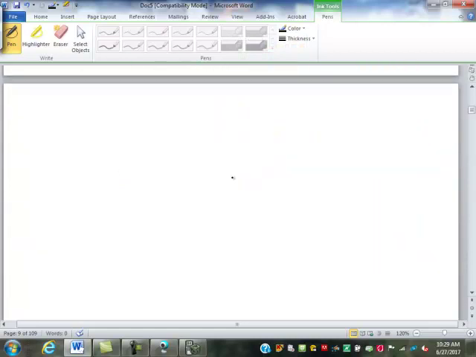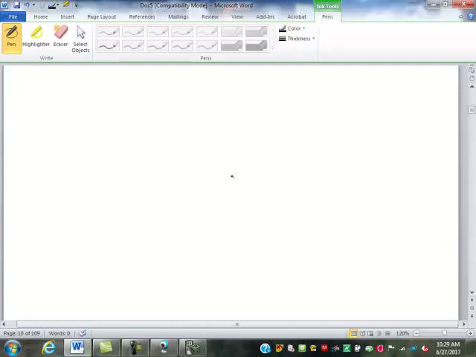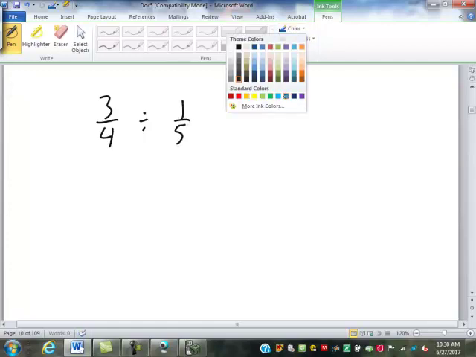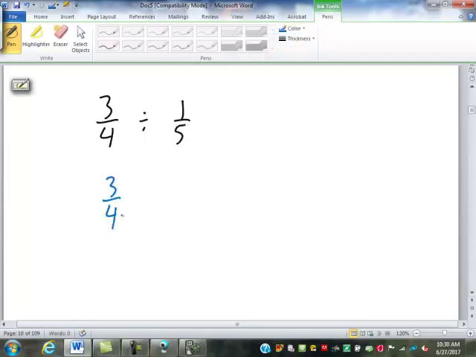Let's look at division. When we divide mixed numbers, remember when we did fractions, I showed you some weird stuff, but when it came down to it, 3/4 divided by 1/5, all we did was change it into multiplication by the reciprocal.